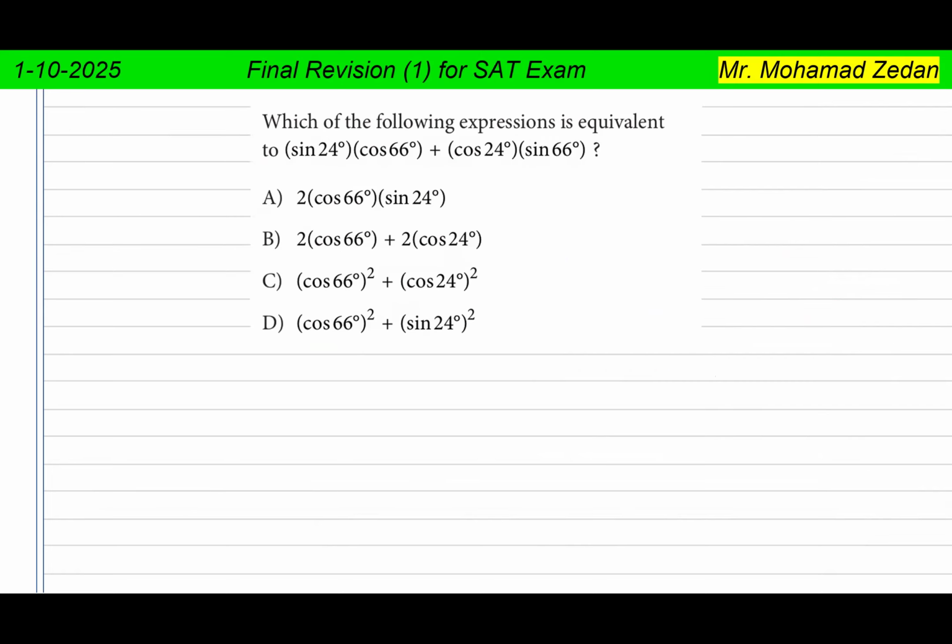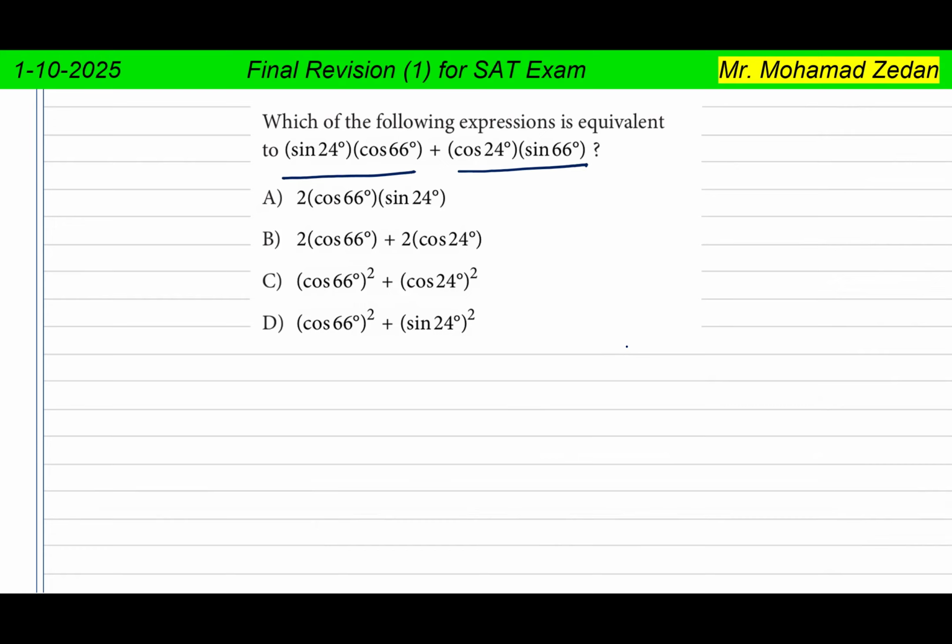So this type of question, you remember, the College Board gives about 12% new questions every exam. Which of the following expressions is equal to sine 24 cosine 66 plus cosine 24 sine 66? If you completely do not remember the trigonometric equation, that's the sine addition rule, right?